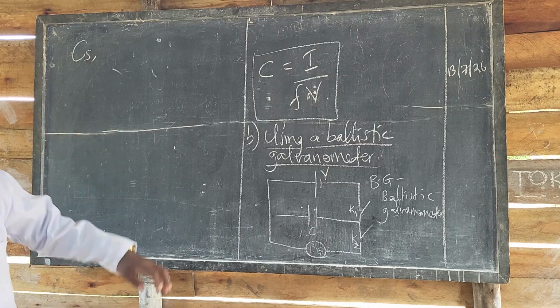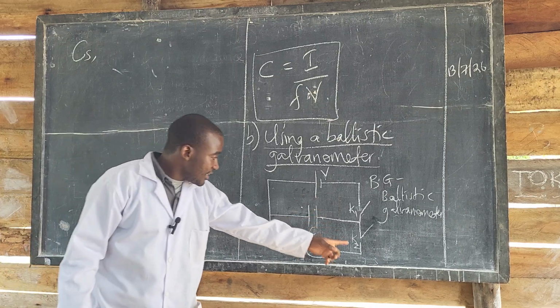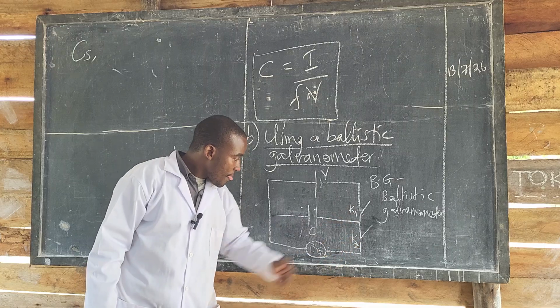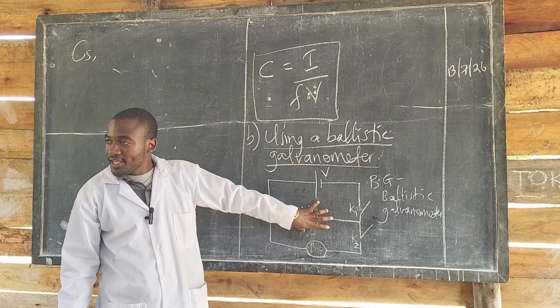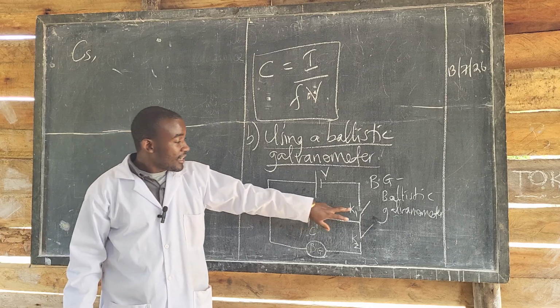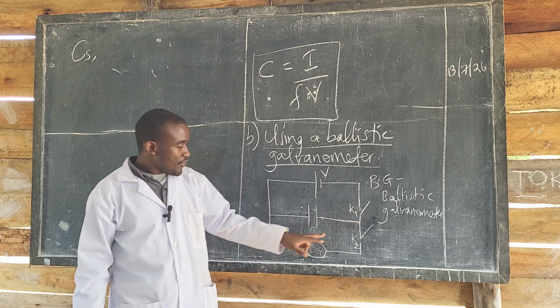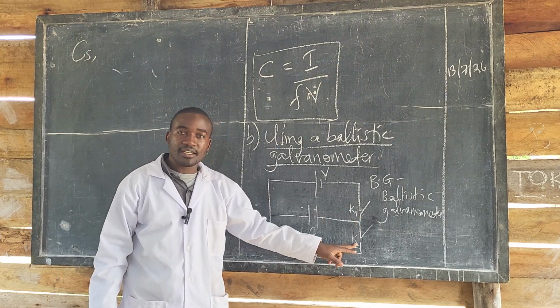So beginning with a standard one here, you begin by charging it, closing a switch K1. Thereafter, you discharge it: open K1 and close K2.